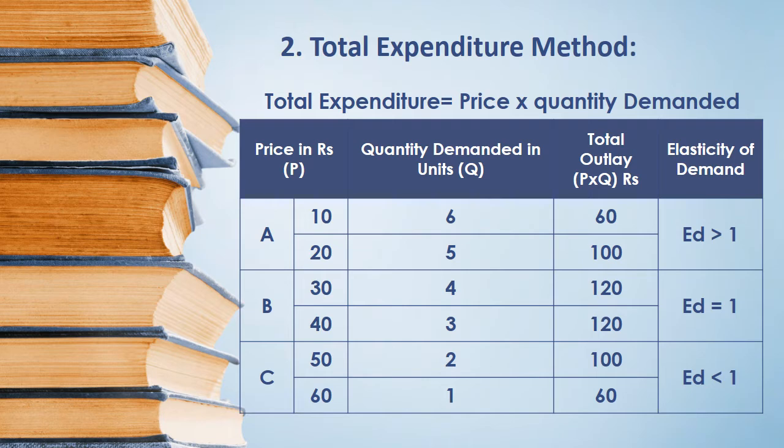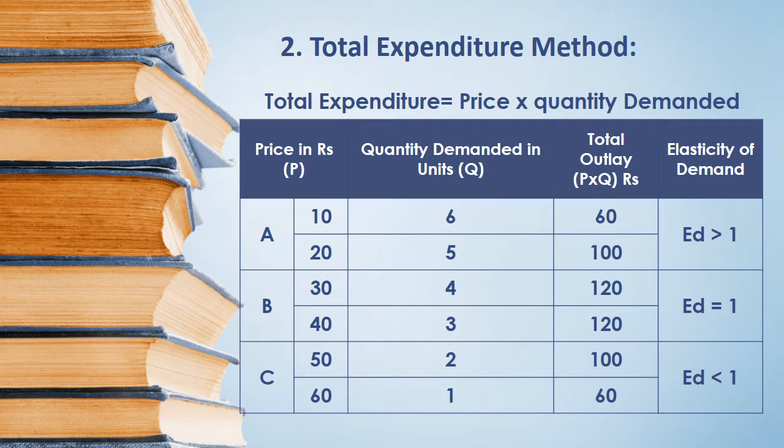In this method, you will have to remember 3 concepts: relatively elastic demand, unitary elastic demand, and relatively inelastic demand. How has Professor Alfred Marshall explained these 3 terms? When with the given change in the price of a commodity, total outlay increases, elasticity of demand is greater than 1.